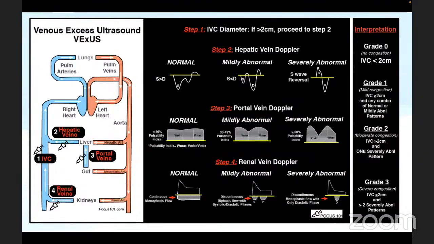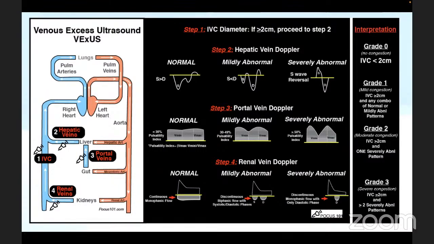That gives an advantage of using VExUS, because ultrasonography is quite a vast subject, and many of us may not be comfortable or find it difficult to understand how to perform those modalities which require calipers. And then you have step 4, where you can see the renal vein Doppler.